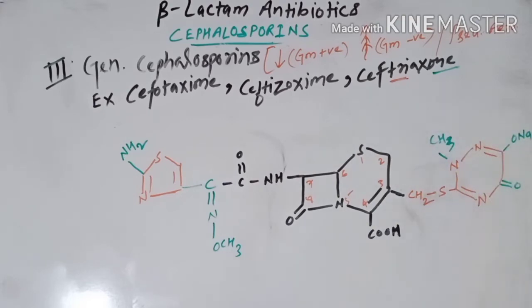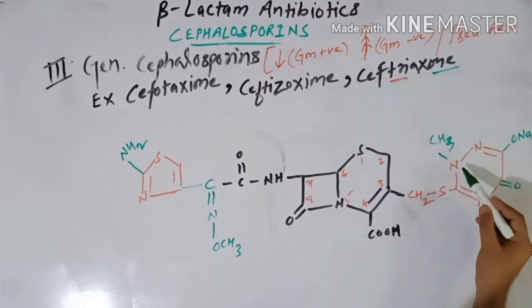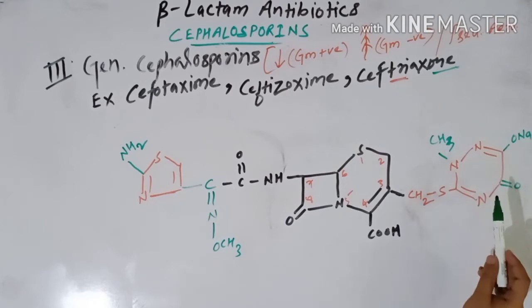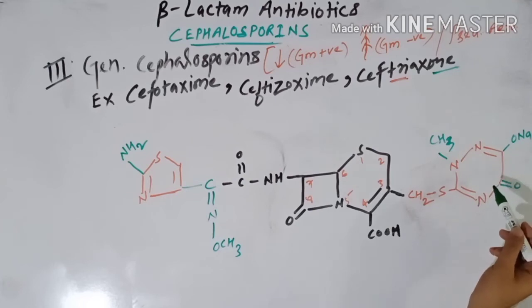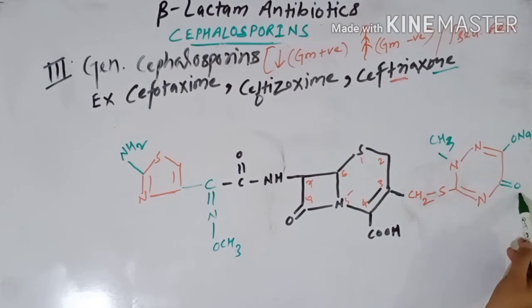You have to remember this thing only. What? Tri means what? 3 nitrogen. So a 3 nitrogen containing 6-membered nucleus is there, and on this nucleus there is one on, ketone, and a methyl. So this is the structure of ceftriaxone.